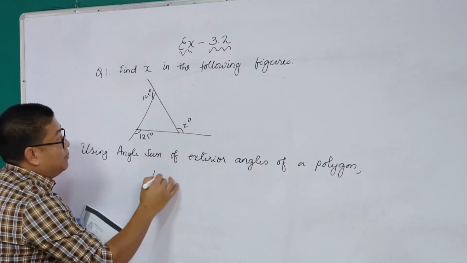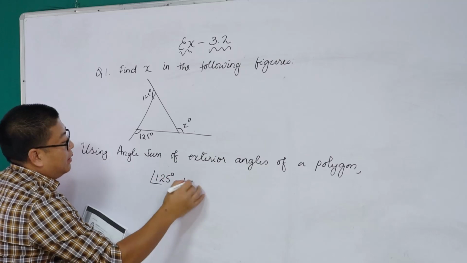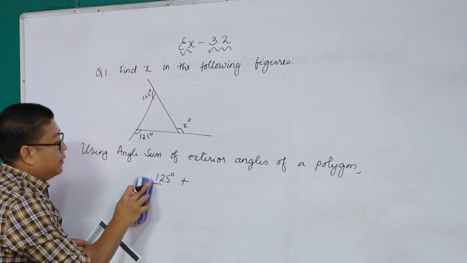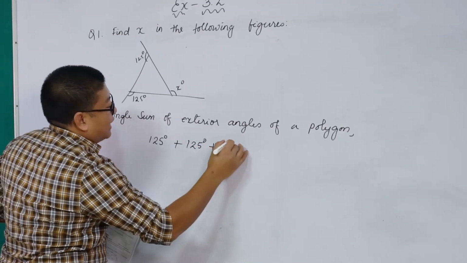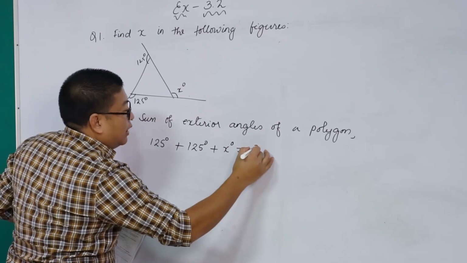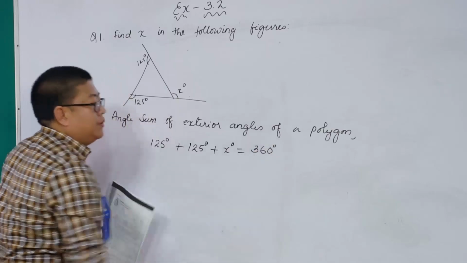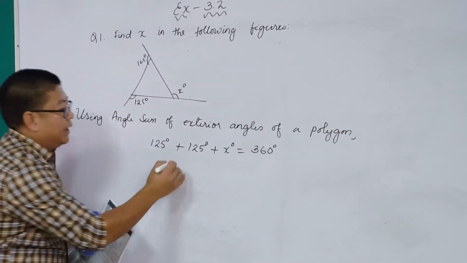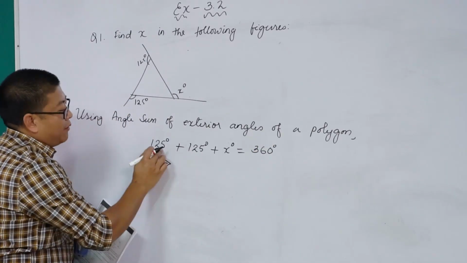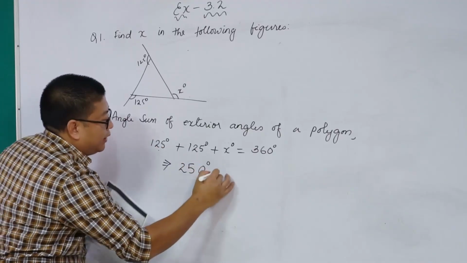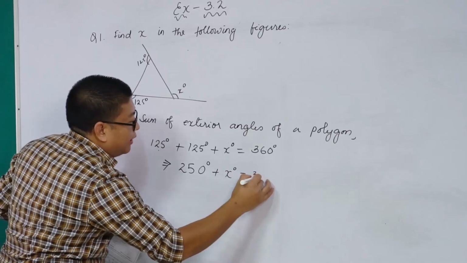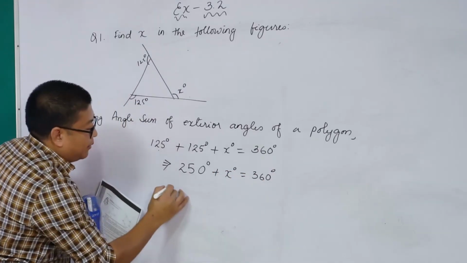So we're going to add them up. 125 degrees plus 125 degrees plus x degrees is equal to 360, the total should always come up to 360. Now when you add these two, 5 plus 5, 10, 1 remainder, 2 plus 2, 4, 5, 250 degrees plus x degrees equals 360 degrees.